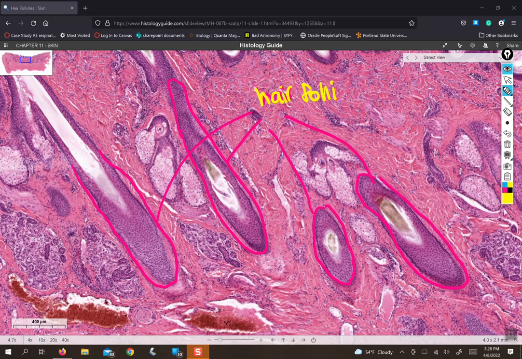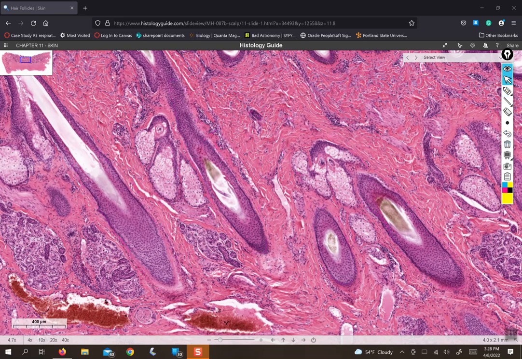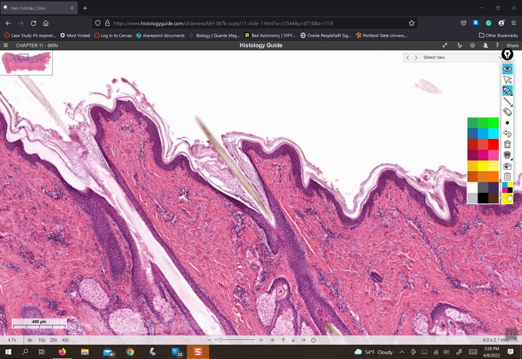So if you look, what you're going to notice is that the epidermis doesn't stop. It actually continues and dips in and becomes the hair follicle. So you can actually follow it down. That's because the epidermis and the keratinocytes that make it up are what produce keratin.